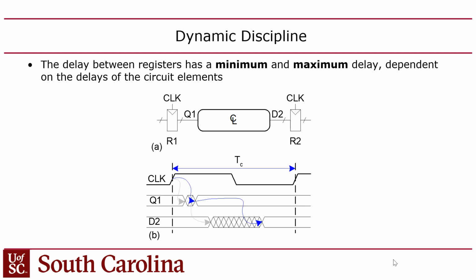However, there's also a risk. What happens if this propagation delay is really low? What happens if you don't have a lot of logic here? In fact, what if you just connect this register directly to that register, so there's almost no propagation delay?